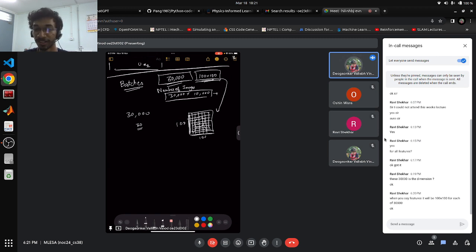So when training such a model, I would ideally want to not load all of the images at once into my RAM. I would try to load a few at a time, and that's why I'm saying, let's say I'm loading 30 images at a time. So I have batches of size 30.